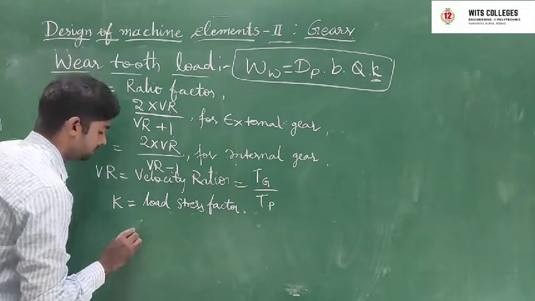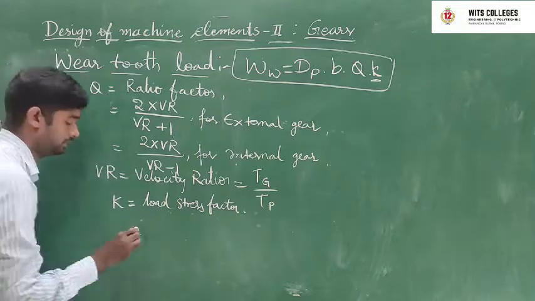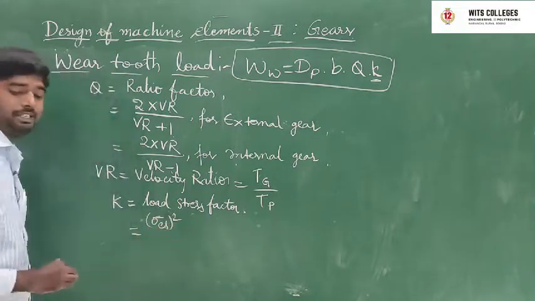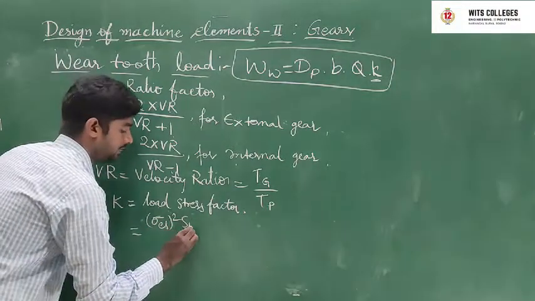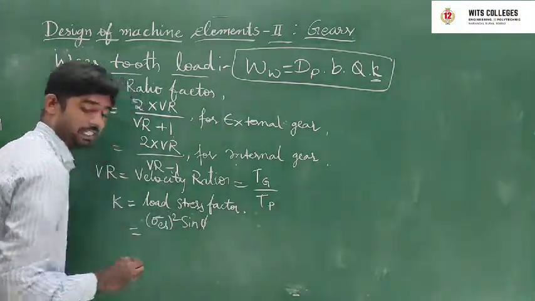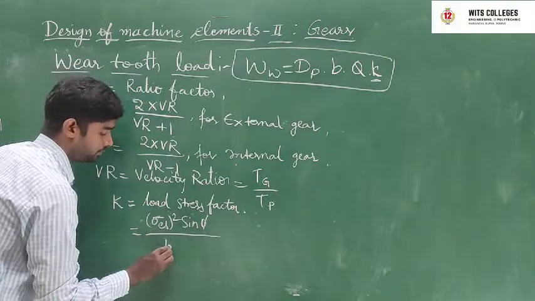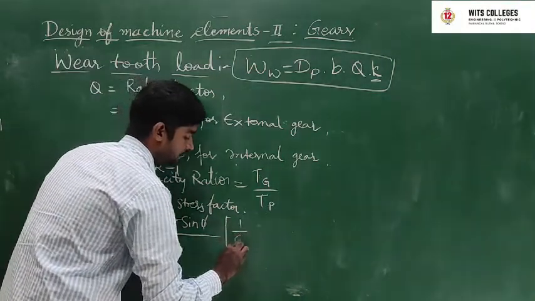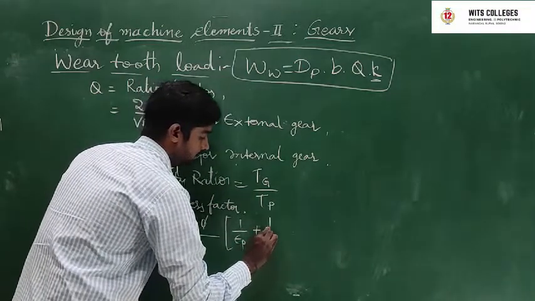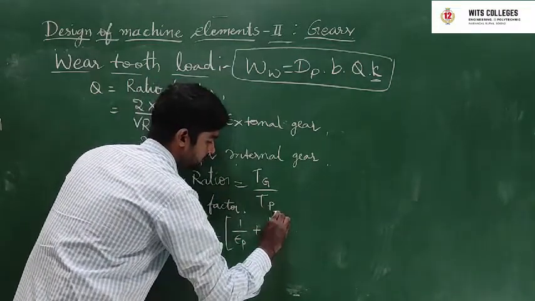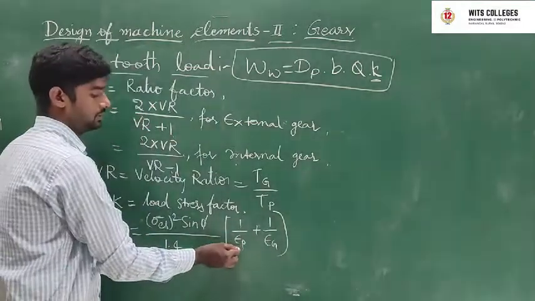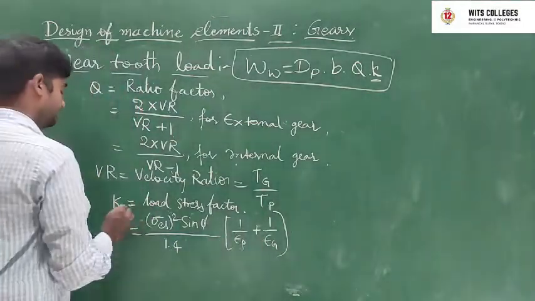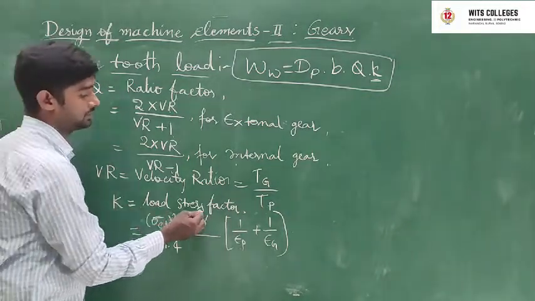The formula is sigma ES square into sin phi by 1.4, into 1 by EP plus 1 by EG. Already we know that EP is the pinion Young's modulus and EG is the gear Young's modulus. This is the K formula, load stress factor.